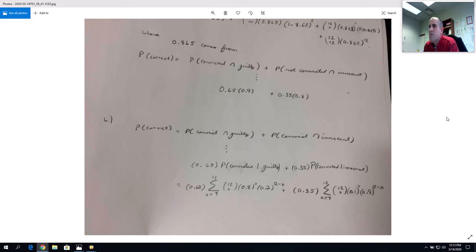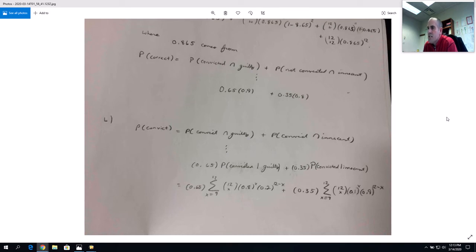So I'm looking at what you've labeled as Part B here, where you're trying to compute the percentage of defendants that are actually convicted. This looks like a good approach. Convicted means that either they were convicted and they were actually guilty, or they were convicted and they were actually innocent.